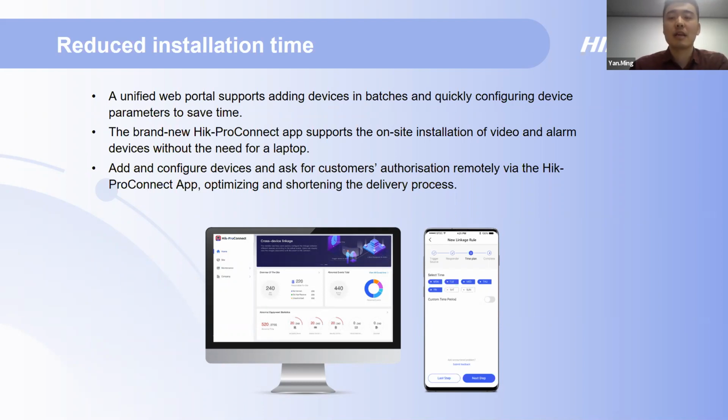It supports adding device even in batches. It also supports SADP online device search. And most importantly, you can do all this function as well as asking for authorization by simply using your Hik-ProConnect app on your phone. Isn't it convenient?